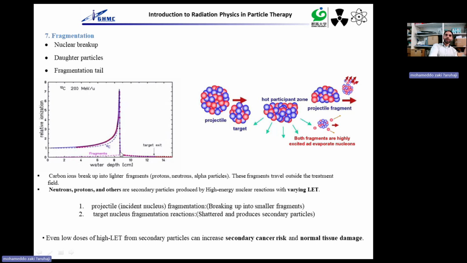And those many secondary particles, because of the nuclear interactions along the path or the fragmentations happening, will create high energy LET. Not necessarily all of them, but many of them become high energy LET. They produce the fragments here with different values of LETs.